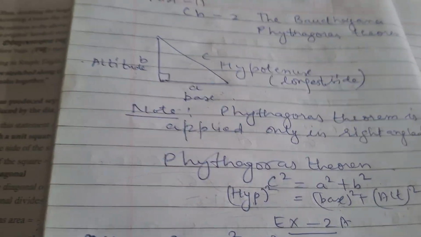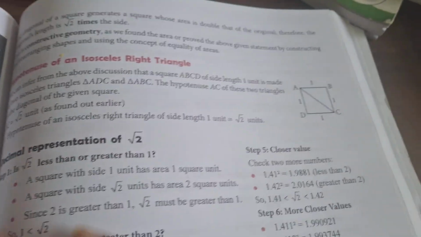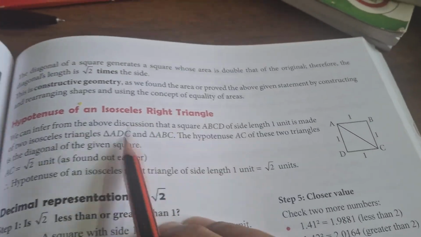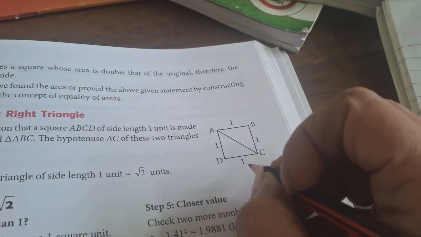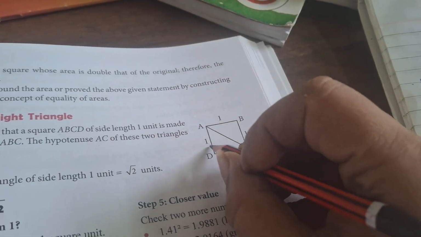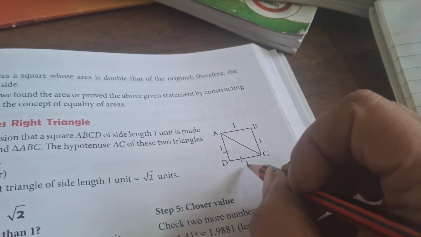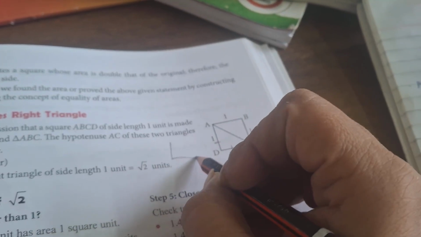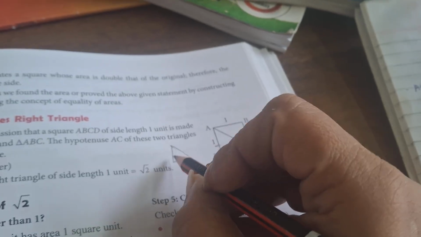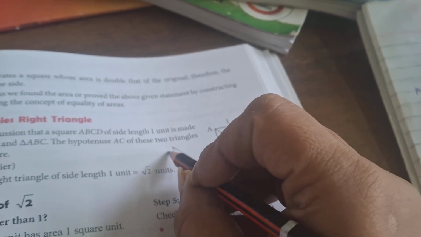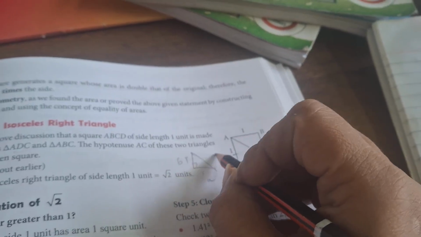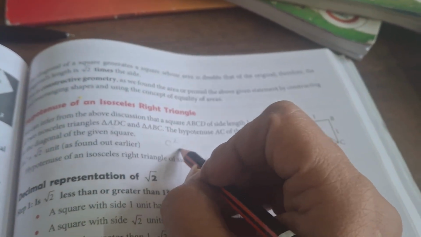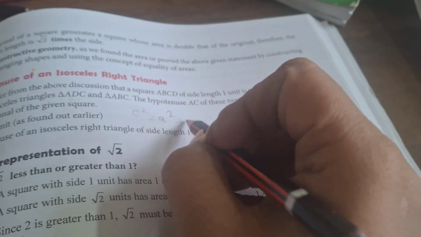Now, we will read about the hypotenuse of an isosceles right triangle. Isosceles right triangle means these two sides are equal. Suppose this is 1 unit, this is 1 unit. Suppose this is A, this is B and this is C. According to the formula, C square will be A square plus B square.